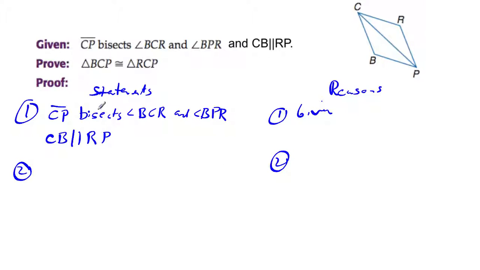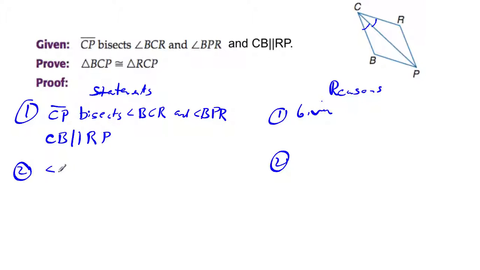Well, if CP is the bisector for BCR, that means that this angle here is equal to that angle.